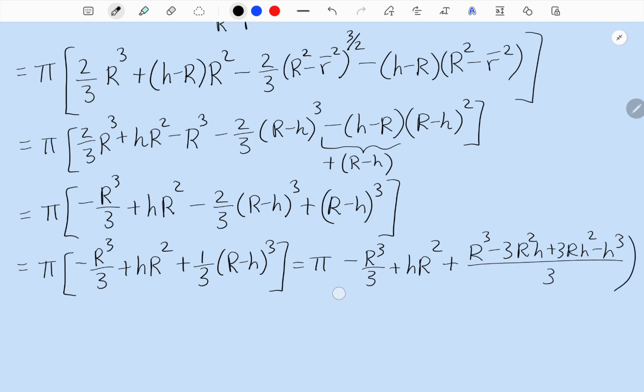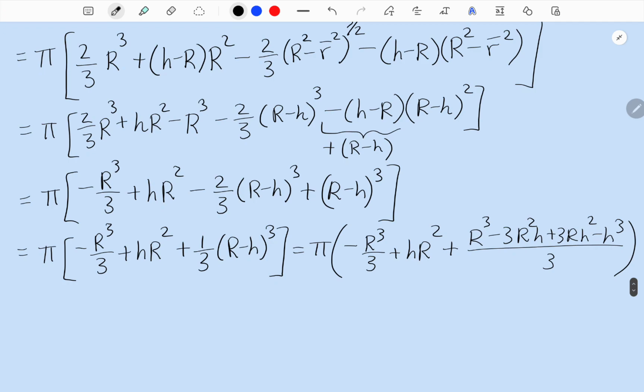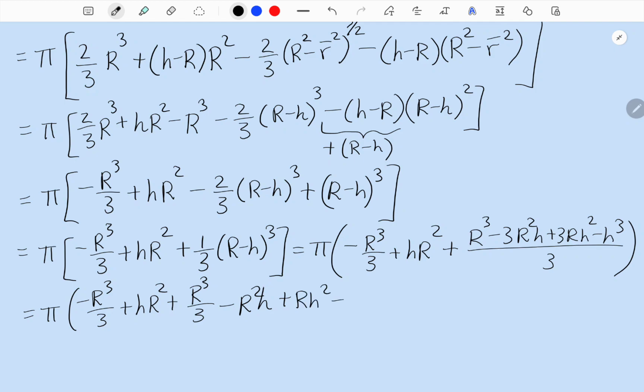Okay, so then this is equal to pi times negative r cubed over 3 plus h capital R squared plus r cubed divided by 3 minus r squared h, and then plus r h squared minus h cubed divided by 3.